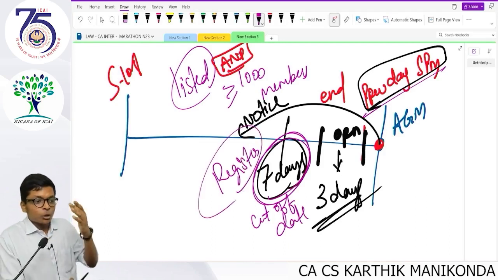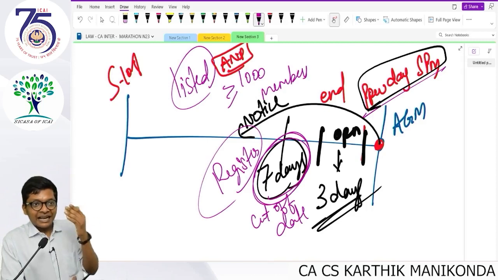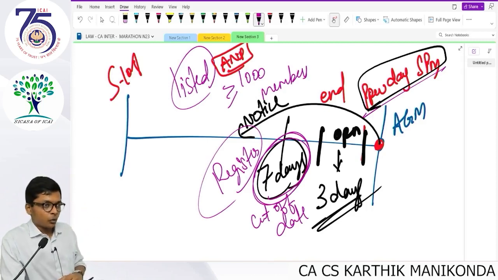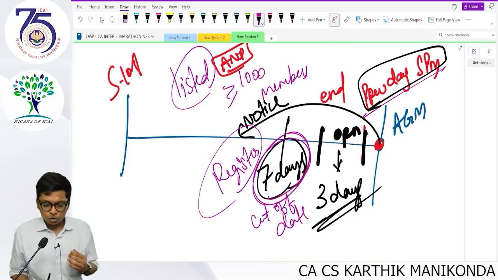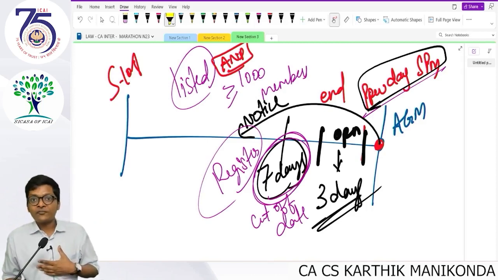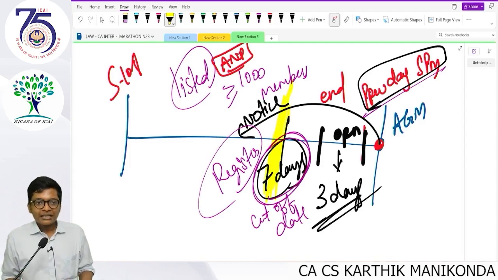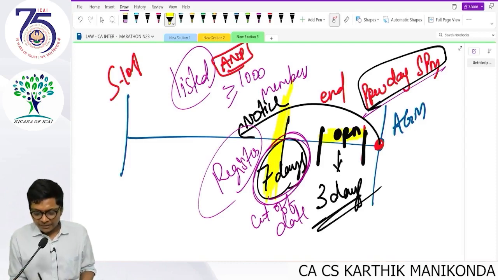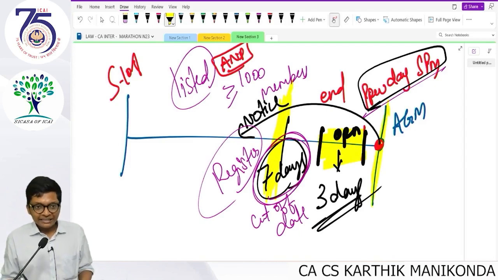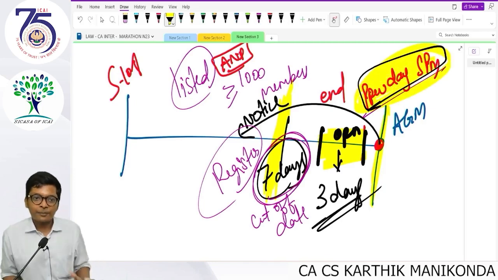That means you have to go to that website and create the account for voting. Otherwise, you can't vote. So, cut-off date for voting will end 7 days before AGM. Voting will happen in any 3 days between the cut-off date and AGM, in such a way that it ends on the previous day of AGM, 5 p.m.